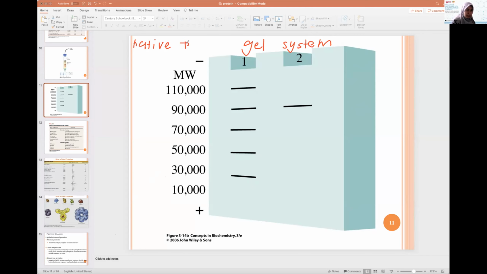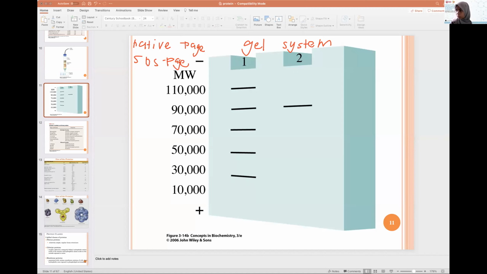Native PAGE or SDS PAGE. PAGE basically represents polyacrylamide gel electrophoresis.